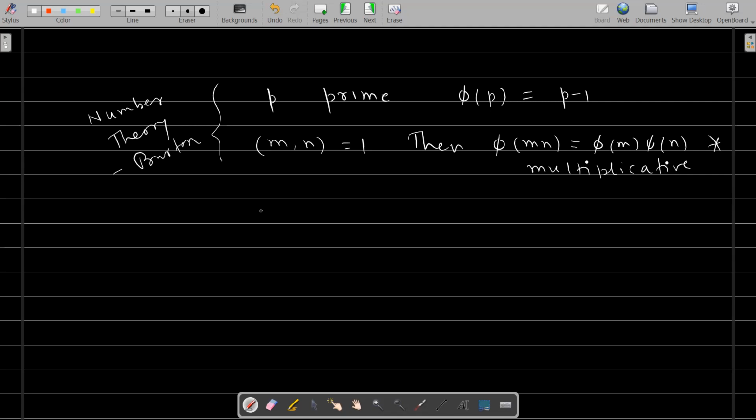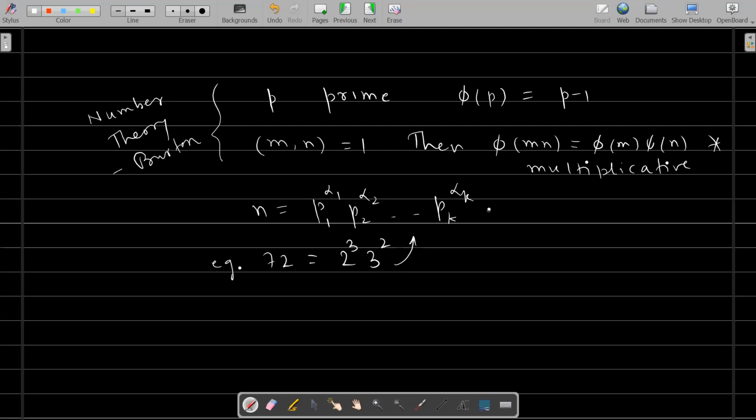Suppose I can factorize n as a product of primes, p1 raised to some power, p2 raised to some power, up to pk raised to some power. For example, 72 I can write as 2 cube into 3 square. That's the form.